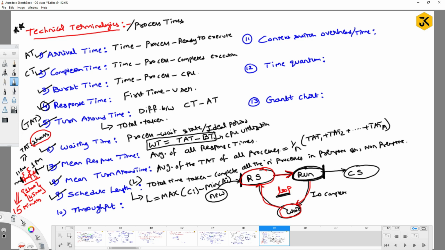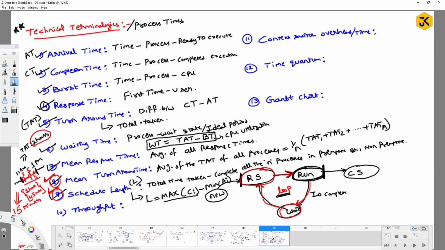The point here is that these 8th and 9th terminologies are related to all n processes, whereas the remaining terminologies are discussed with respect to only one particular process. If I have n processes, out of those, take the process with the maximum completion time, minus the minimum of arrival times of all processes. That is what we call scheduling length.